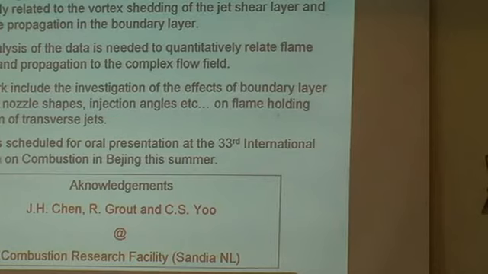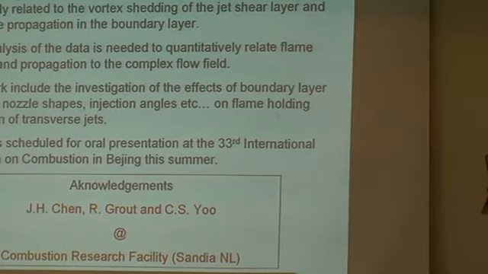The experiments from DLR show that there are two limits. So there is the jet, this is the jet velocity and this is the U cross flow. Say that we keep this constant and we start with a low value of this. Low value, no flame. Increase, no flame. Suddenly the flame will be there.